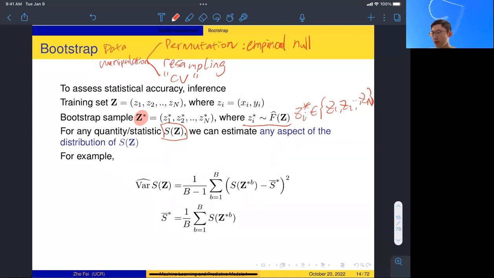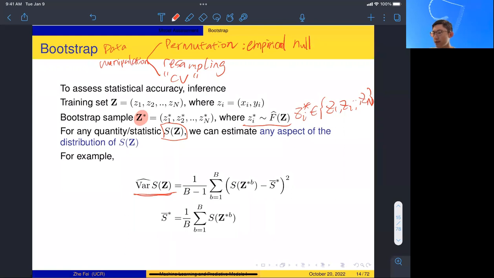To be specific, oftentimes people use bootstrap to estimate the variance. In order to estimate the variance, we think of the variation on your bootstrap samples as an estimate of the true variation. Here the true variation is the variation of S in general.